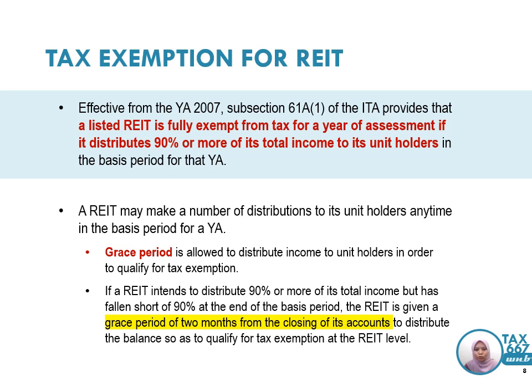Dalam tempoh 2 bulan daripada tarikh I close my account 31st December tadi tu, I kena pergi tambahkan lagi distribution to unit holders supaya I can reach up to 90%. So dalam tempoh 2 bulan tu I kena tambahkan lagi, bila dia calculate balik more than 90% of total income being distributed to unit holders. Therefore, a listed REITs is exempted from tax. Okay?